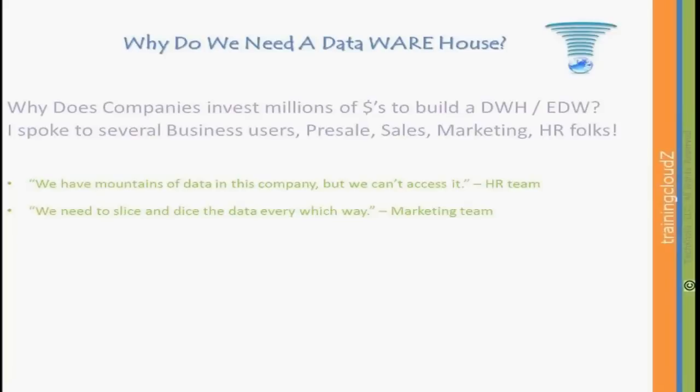We need to slice and dice that data every which way, the marketing team says. Because the marketing team will not be interested in the entire organizational data. They will see which place is lagging that I can go and market. I can go and sell my product because it is not getting sold in that particular area. What is the reason? If you are like a milk vendor, you'd see milk is getting sold more in San Rafael than anywhere.